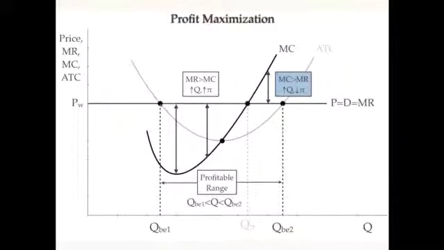If we start at QBE, we have zero profits. As Q increases, if we move along here, profits are going to continue to go up and up until they reach a maximum. And then once I start increasing output past Q pi, what I'm doing is actually losing money per unit. So as I increase output, profits are decreasing and decreasing until we get back to the point where we are breaking even.